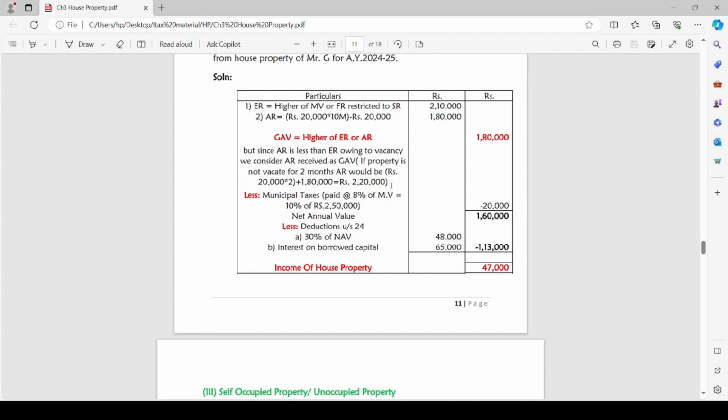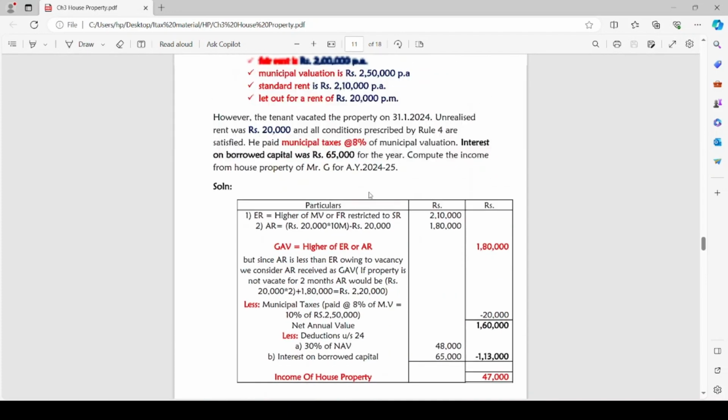Providing for deductions under section 24, our third step in computation of income. The first deduction under section 24 is 24A, standard deduction at the rate of 30% of NAV. Our NAV is 1,60,000 and 30% of NAV, the standard deduction, stands at rupees 48,000. The interest on borrowed capital is rupees 65,000.